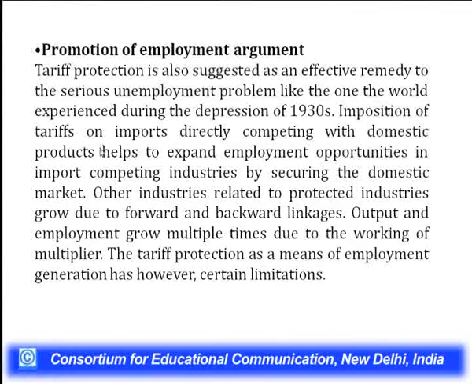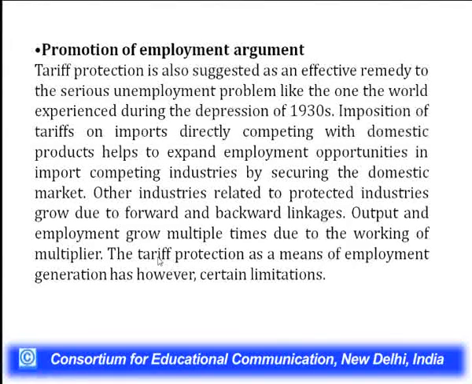Imposition of tariffs on imports directly competing with domestic products helps to expand employment opportunities in import competing industries by securing the domestic market. Other industries related to protected industries grow due to forward and backward linkages. Output and employment grow multiple times due to the working of the multiplier.